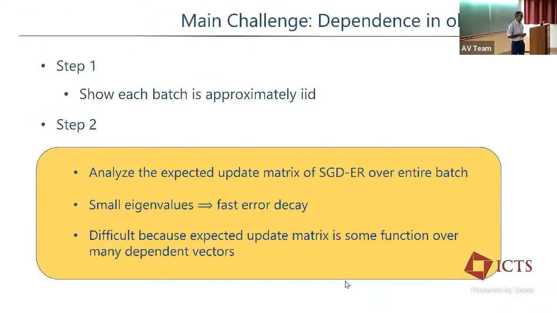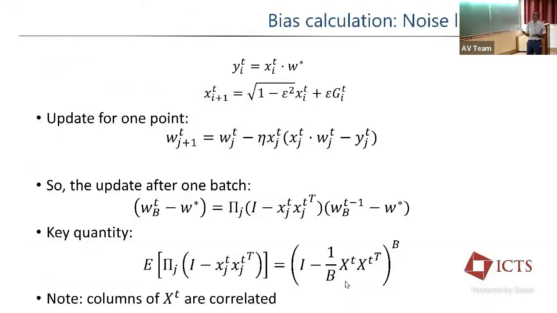Great. So let me quickly go over the proof, the key idea. As I said, across the batches, things are independent. So we are fine. Let's just look within the batch. Within the batch, when we look at the error term, especially the bias term has these matrices multiplied of this form, right?